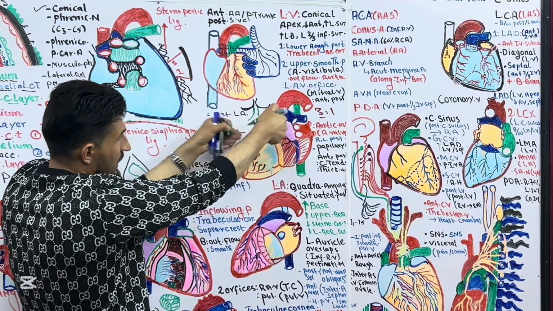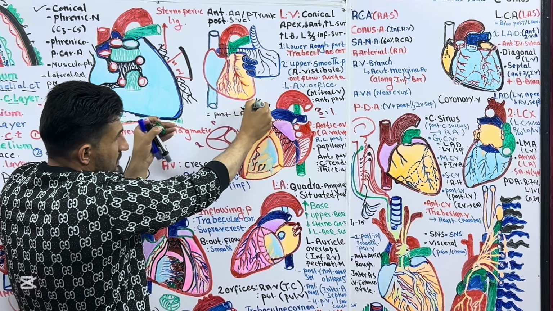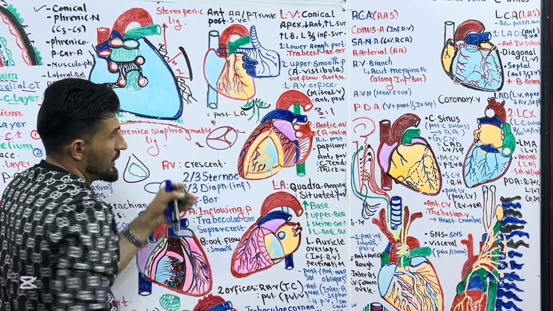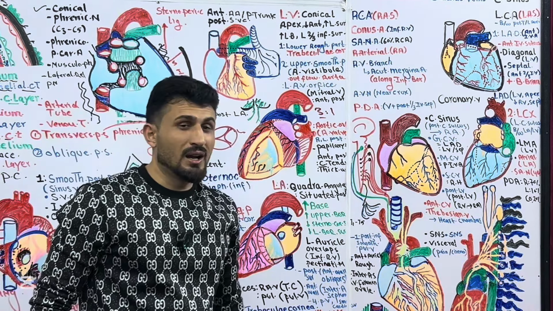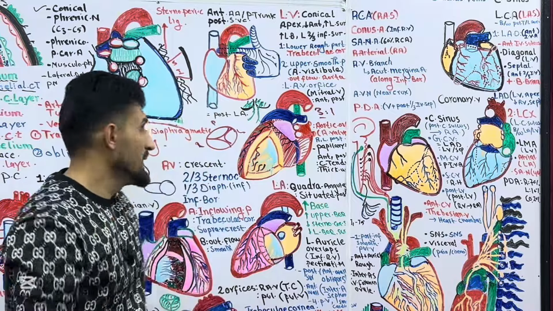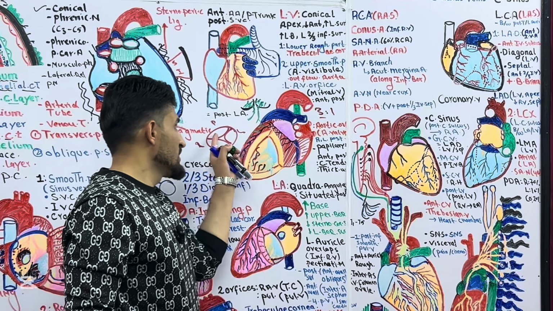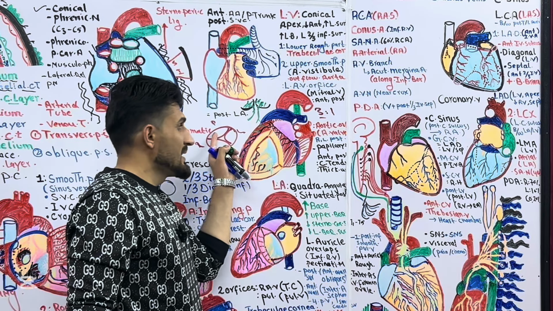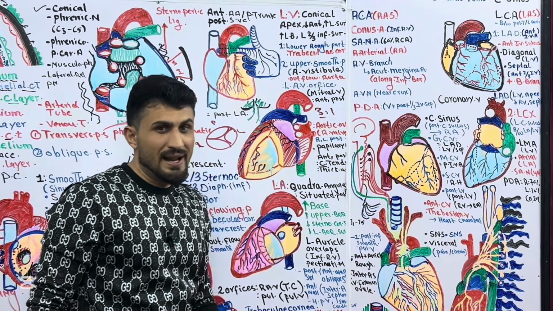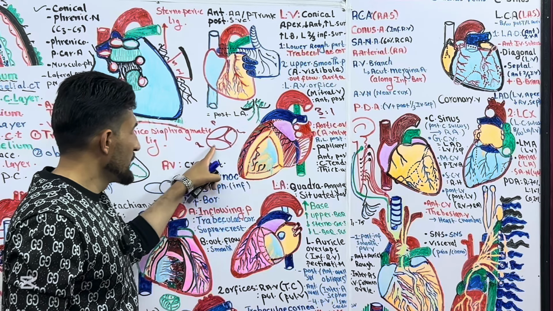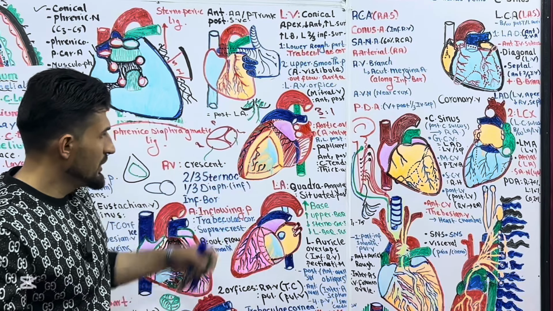So a lot of blood comes from these sinuses to the coronary artery. So blood supply to the heart occurs during diastole. This is a very important point. Sometimes the posterior sinus or cusp is also called the non-coronary sinus or cusp, because from right and left we have coronary arteries, and from posterior we don't.